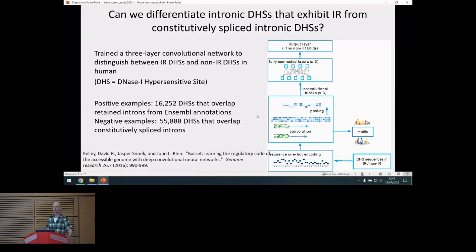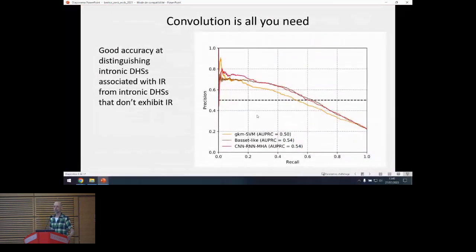We used basically the same architecture that they used in Bassett, and we got pretty good results using this architecture that we just fine-tuned for this problem. Coming from a kernel methods background at the time, I compared to an SVM, and the deep learning worked quite a bit better.